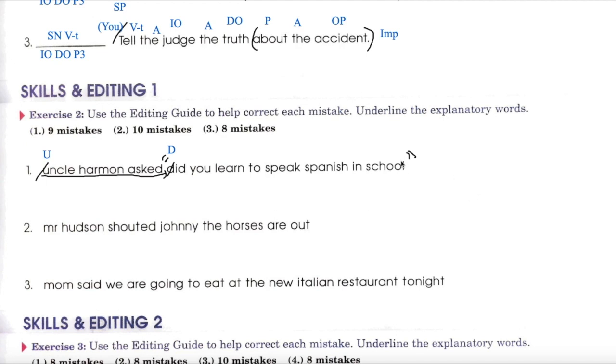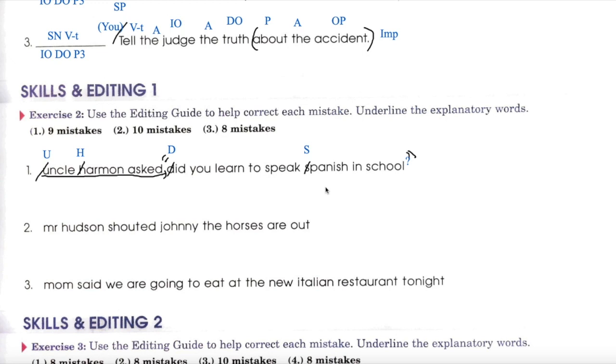Did you learn to speak Spanish in school? Question mark. Let's look for any other errors. Uncle Herman, we need to capitalize Herman. Spanish is a proper noun. The sentence should sound very familiar to you because in the lesson video I took the sentence from this workbook page.